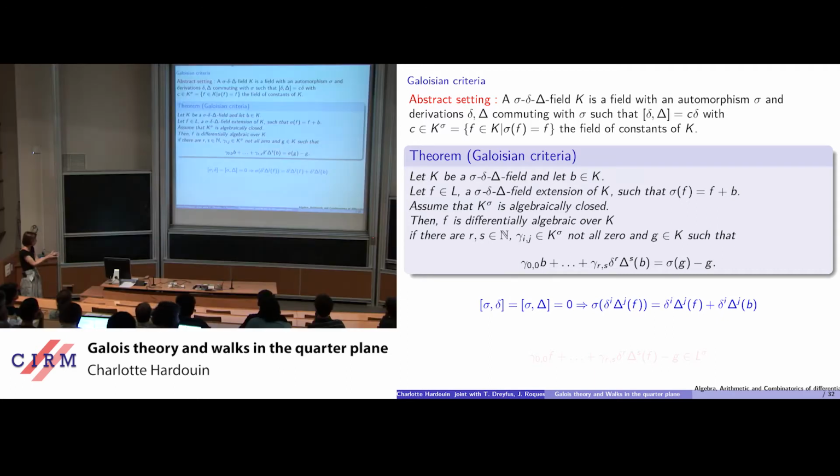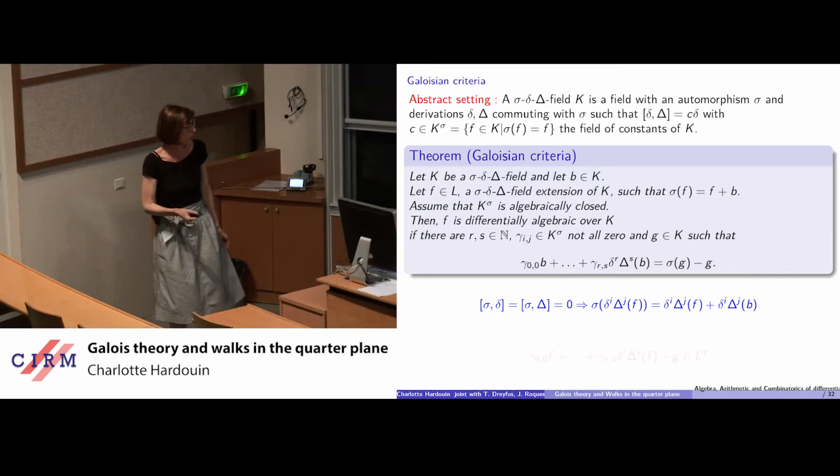So I won't prove this Galoisian criterion, I just want to explain how it can be deduced for those who know a little bit of Galois theory. So you are using the commutation of the operator sigma with the derivation to derive this equation and to find a whole bunch of rank 1 non-homogeneous new equations.